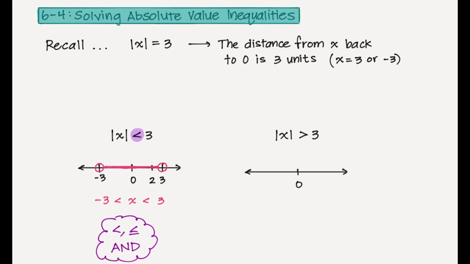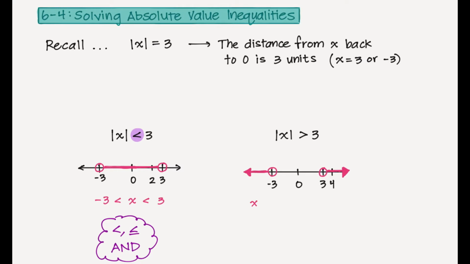Now when I have the absolute value of x is greater than 3, this means what values are going to give me a distance that's greater than 3 units away from 0. So it cannot equal 3, but it could be 4, it could be 5, 5.5, anything that is greater than 3, but also anything that is less than negative 3.